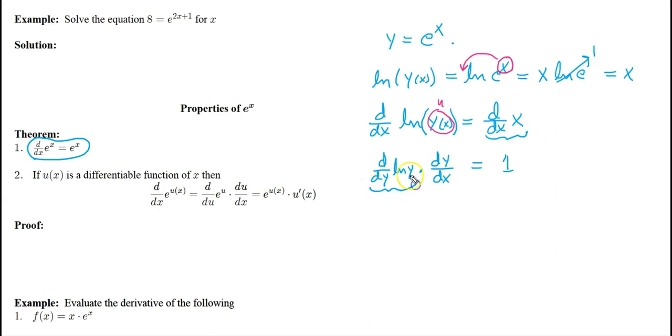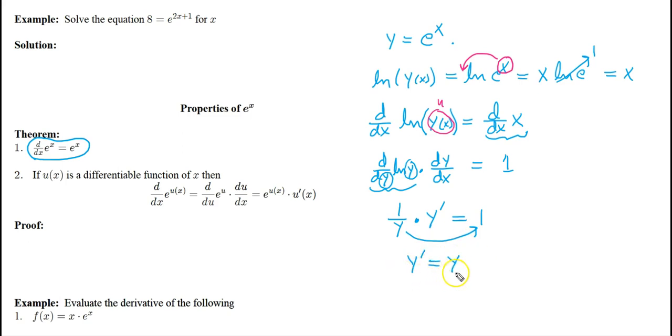This right here, now since the y here matches with the y that we're differentiating with respect to, this is just going to be 1 over y times dy dx, or y prime. And we get that all of this is equal to 1. Multiply the y over to the other side to get it out of the denominator, and we end up with y prime equals y.